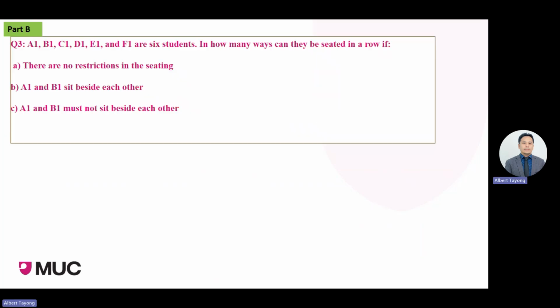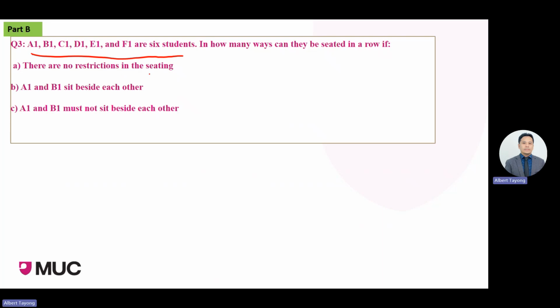Okay, so let's proceed to the next. Here A1, B1, C1, D1, E1, and F1 are 6 students. In how many ways can they be seated in a row if there are no restrictions in the sitting?